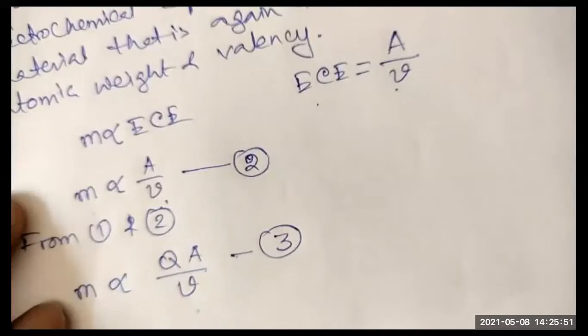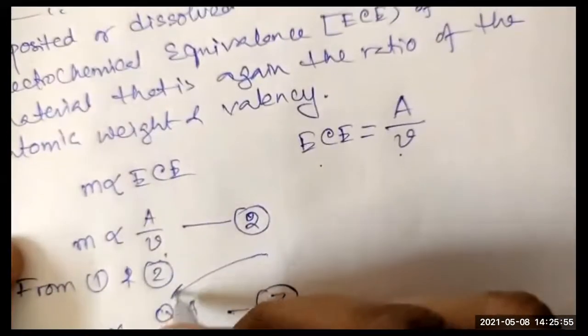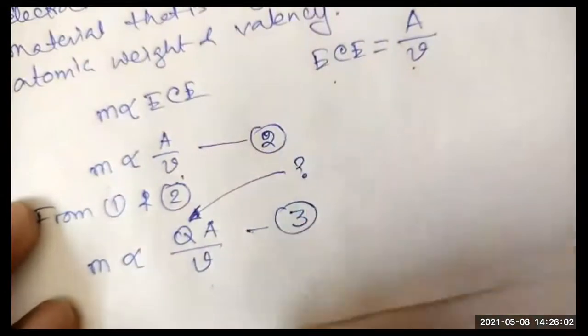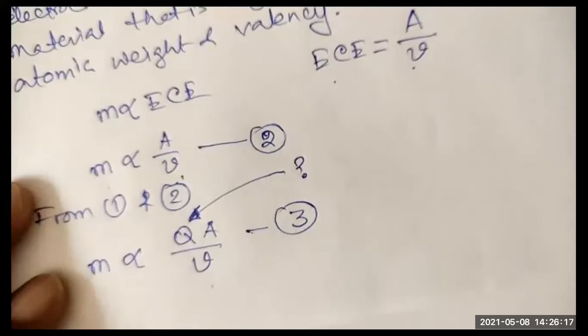Fine, but will it give everything to us? How can you find out this value Q? This is something which is disturbing. We know, or we can easily calculate, how much current we are passing through a circuit. We can also calculate how much resistance we are getting in a circuit.